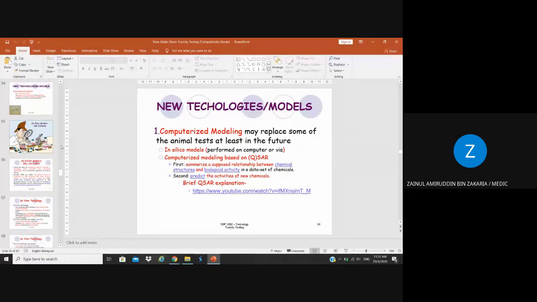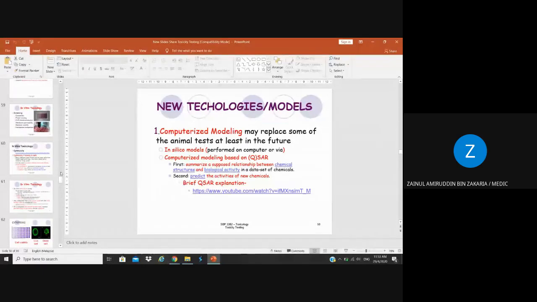So not every lab, even in our department, has anybody who has this computerized modeling, SAR, QSAR model to be used as an alternative to study toxicology.